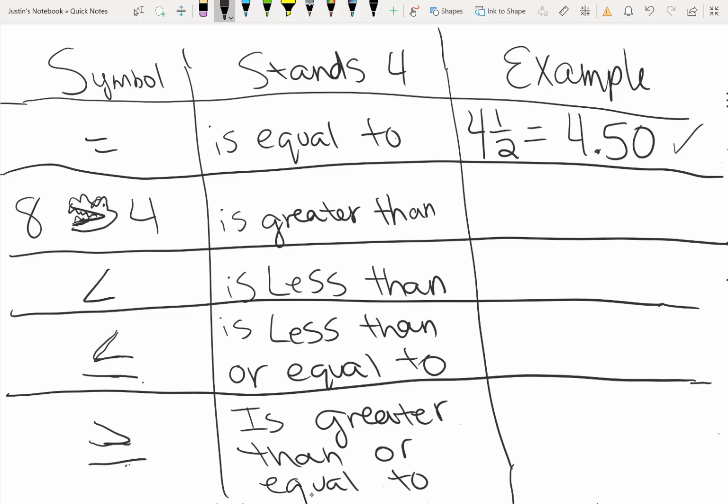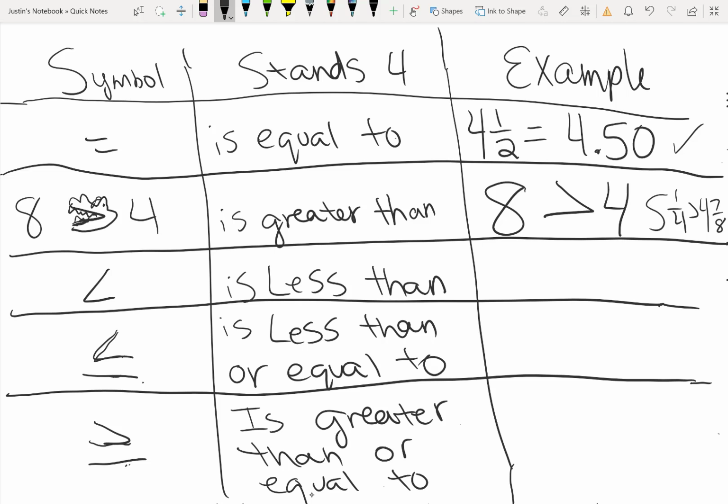Alright, so now let's look at is greater than. Actually, I put one right here, so you can use that one. 8 is greater than 4. You could do harder ones. I would really prefer something like 5 and 1/4 is greater than 4 7/8.